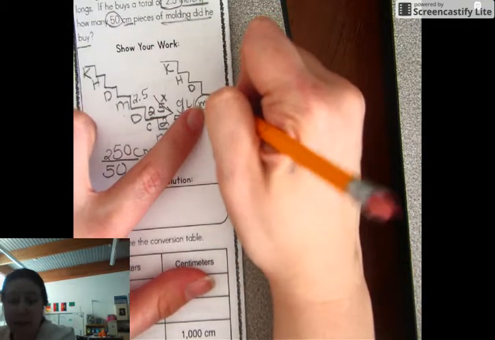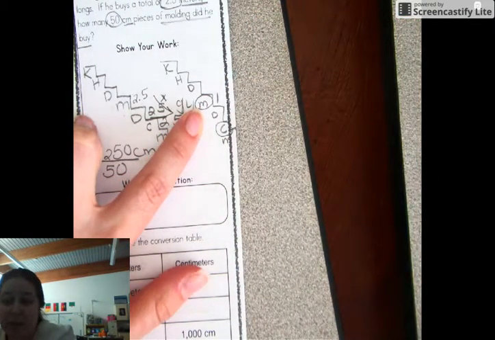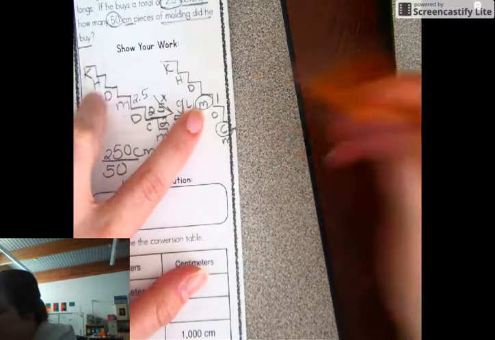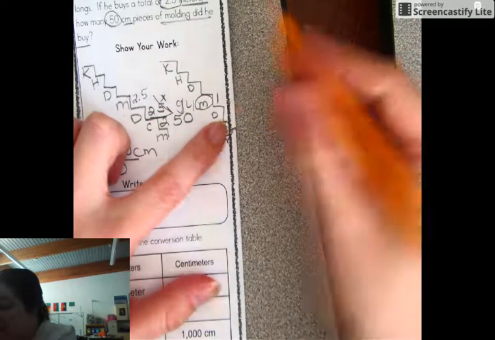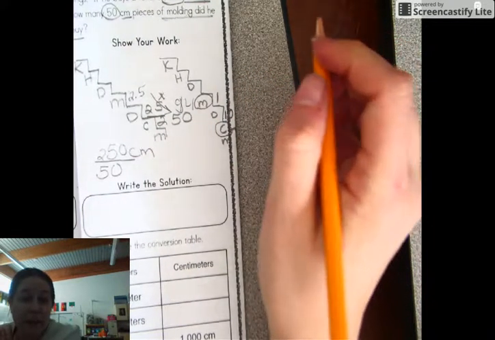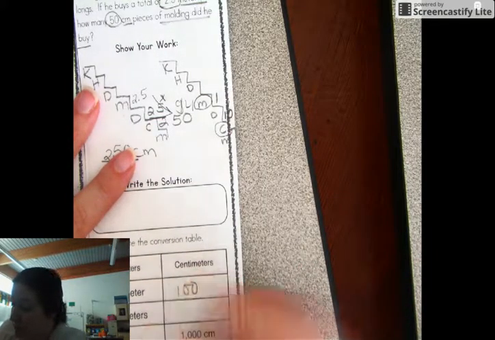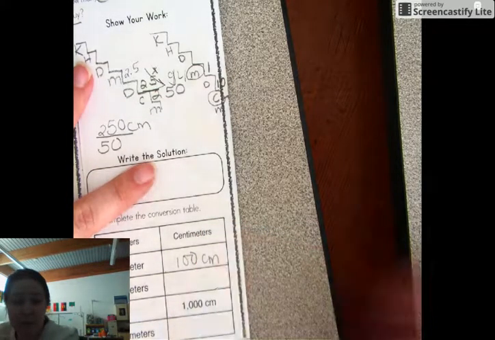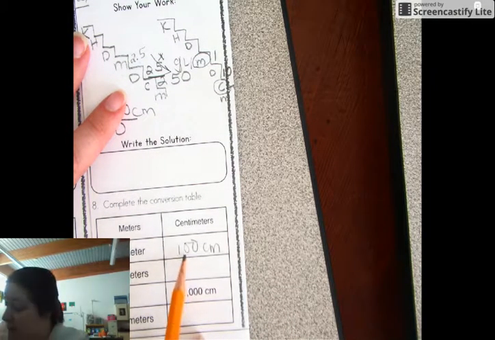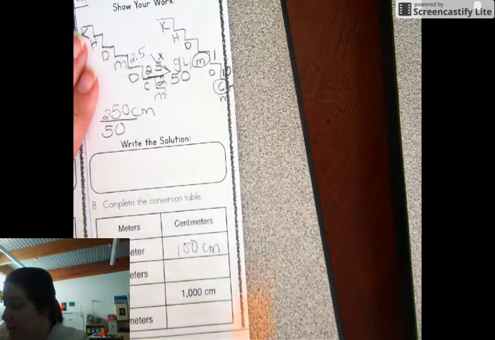So I start with 1 here. If I'm going down the staircase, I am what? Yep, multiplying. So my decimeters is going to be 10, right? And then I go down the staircase 1 more, I should get 100 cm. Same thing down here. This one should be easy to do, so type in that answer right here.